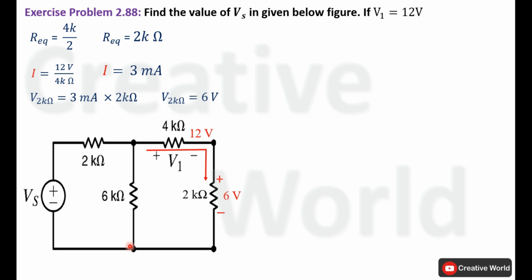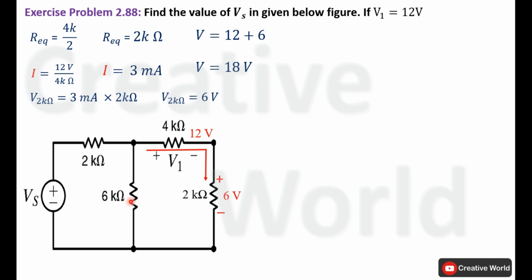We will assume that voltage across this 6 kilo ohm resistance is V and V will be equal to the sum of both voltages, 12 volt and 6 volt. It will be equal to 18 volt. So voltage across 6 kilo ohm resistance will be equal to 18 volt.